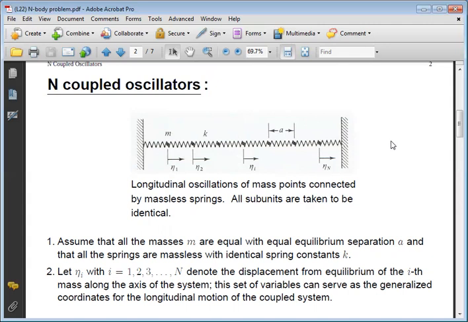This is a sort of elastic string. We can stretch it, and it can contract.